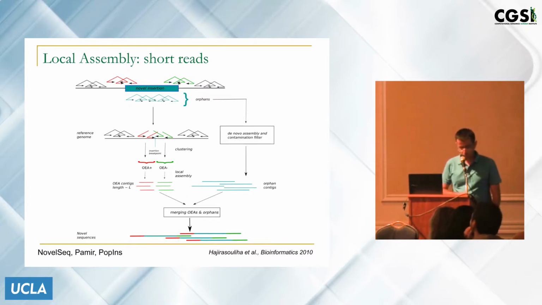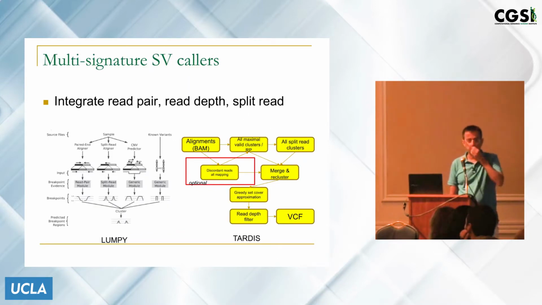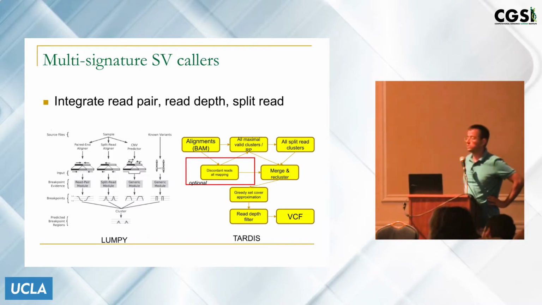So again, in the interest of time, I am passing these fairly quickly. More recently, there are multi-signature SV callers. So now we are not using just one method anymore. We are using everything that we can. SmartSV is doing that, as I mentioned, it uses split reads and assembly. But for Illumina, we integrate read pairs, read depth, and split reads.